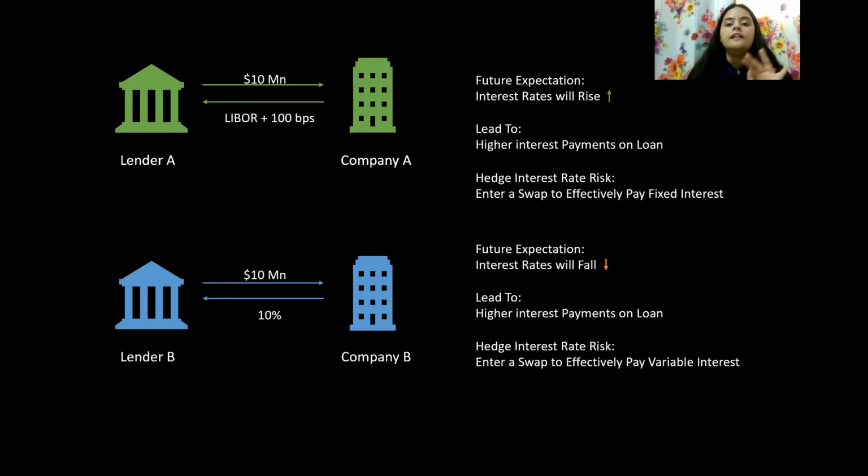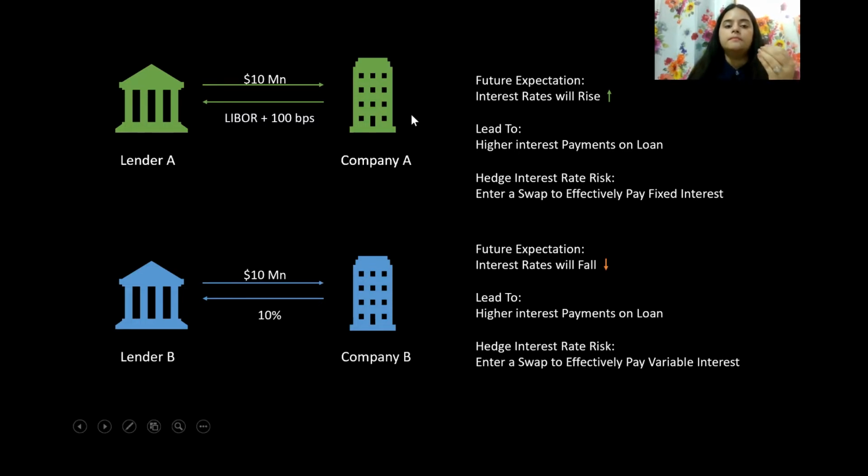Let me tell you that this is just their future expectation based on their financial analysis, based on their fundamental analysis, quantitative analysis, or a combination of both, whatever they are doing. So they have different future expectations. The future expectations can vary among different institutions based on their method of coming to those expectations.